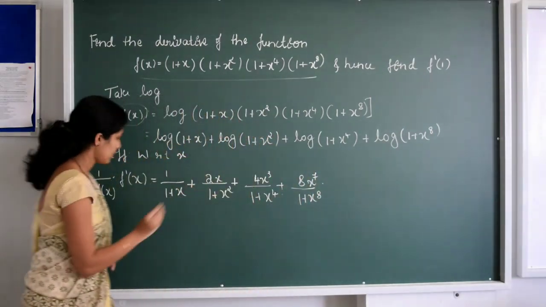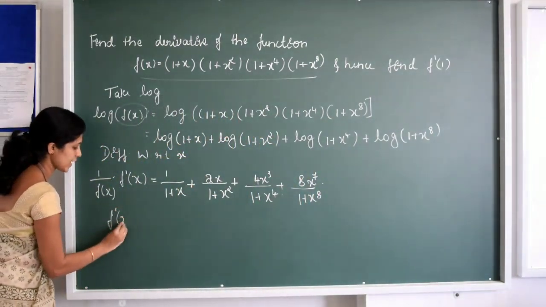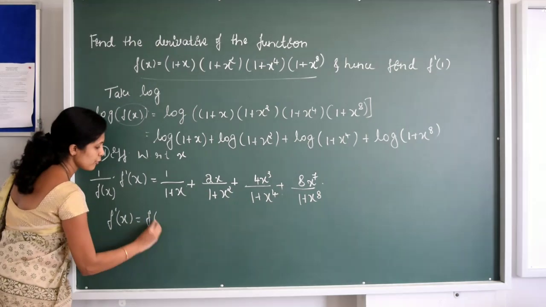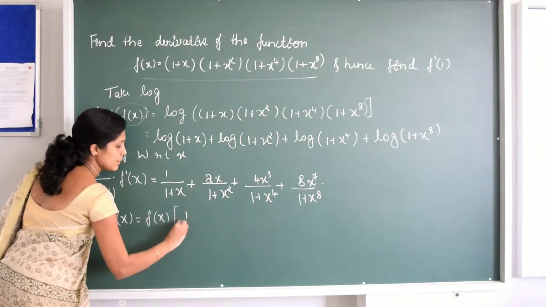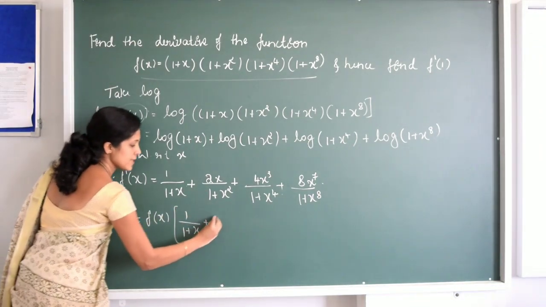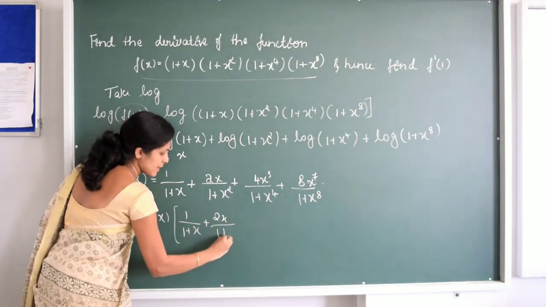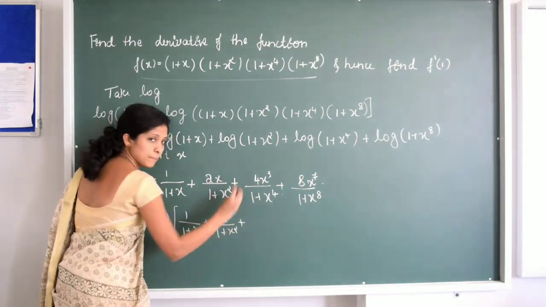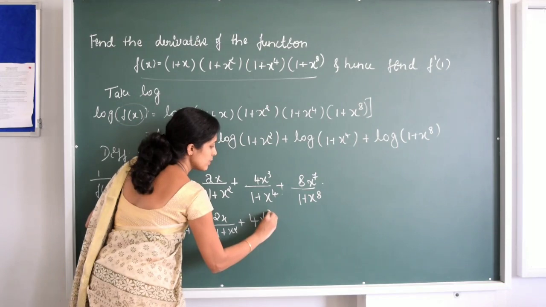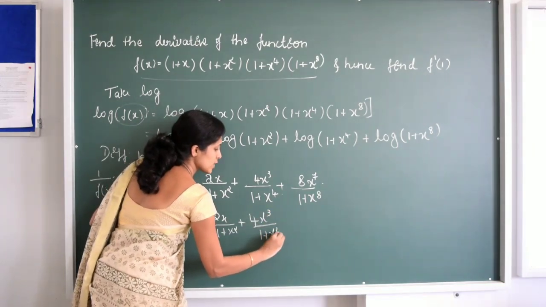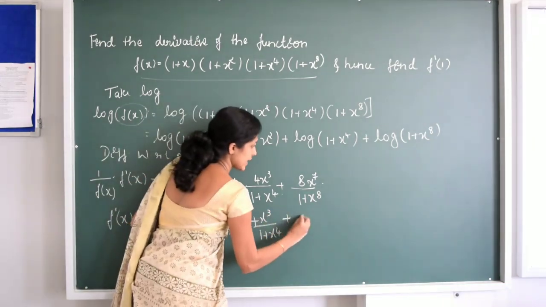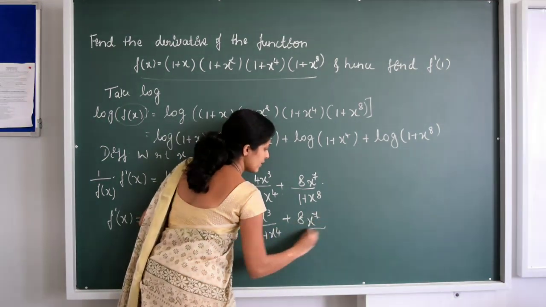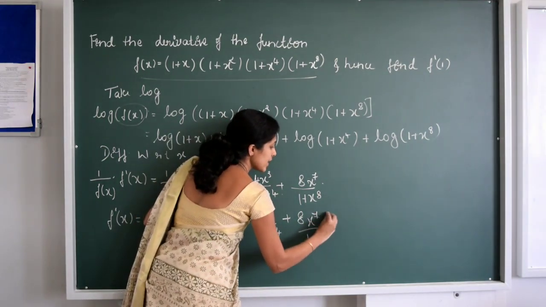Is it clear? Now by this we can write f dash of x is equal to f of x into 1 by 1 plus x plus 2x divided by 1 plus x square plus 4x cube divided by 1 plus x to the power 4 plus 8x to the power 7 divided by 1 plus x to the power 8.